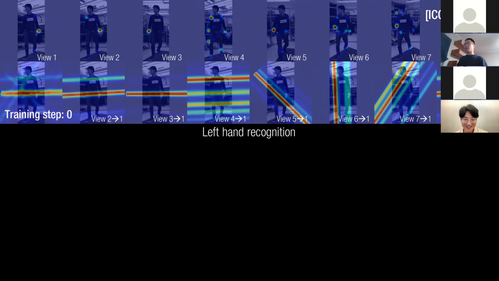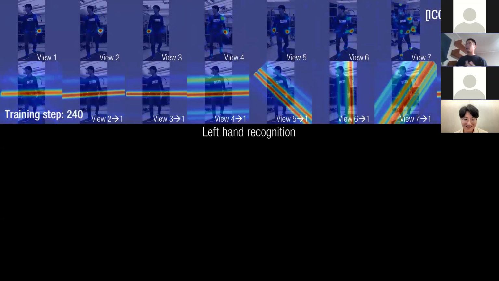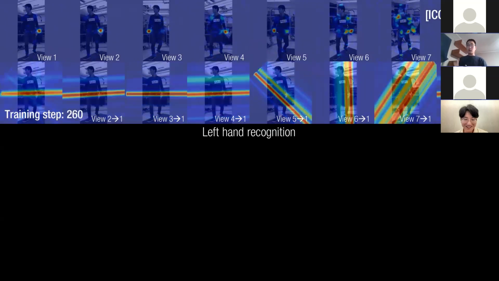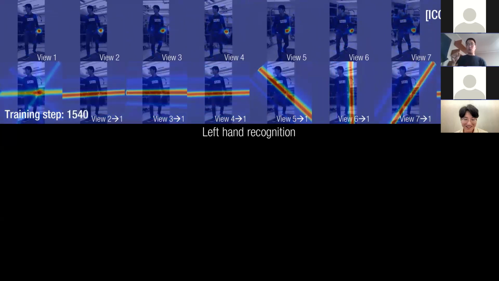In view 4, we have a very spurious prediction, and so on. This is before training. After training, as the training process goes on, you see that this error is corrected automatically, because this is the only location that is consistent across the views.